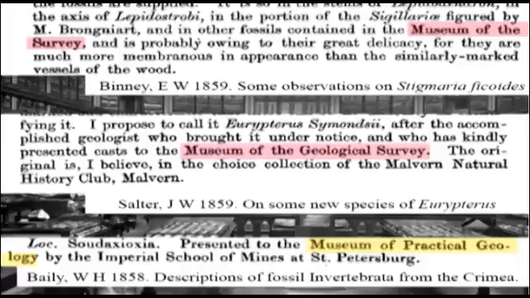The problem is, though, that many of these types were actually defined in the 19th century, and I've stuck on the screen here a few examples from 1859, 1858, and you notice that sometimes they do give information as to where the specimens are stored, Museum of the Survey or Museum of the Geological Survey, but in many cases, many publications, they might say something like the collections of the Reverend Smith, and of course 150 years later you have probably very little idea who the Reverend Smith was or what's happened to his collections.